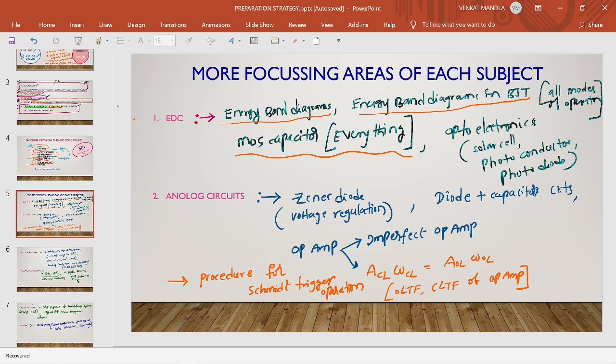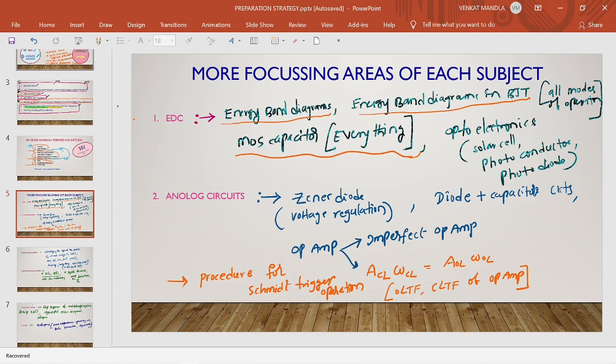If you derive, then only can you solve the problem. The procedure to solve a problem always lies in the derivation. That is why I recommend you try to derive all the equations in the MOS capacitor.